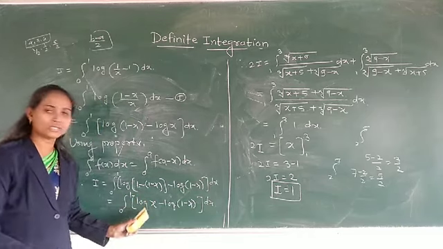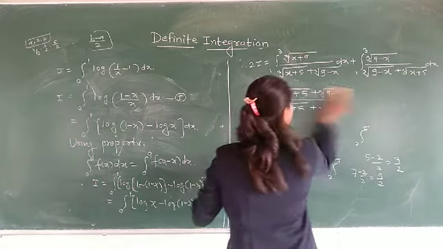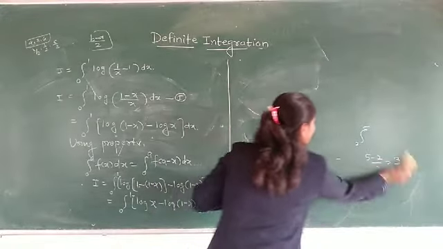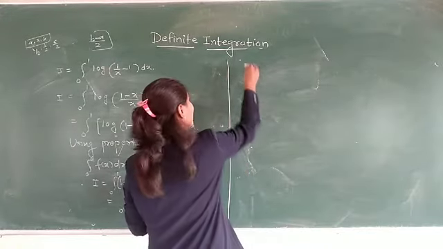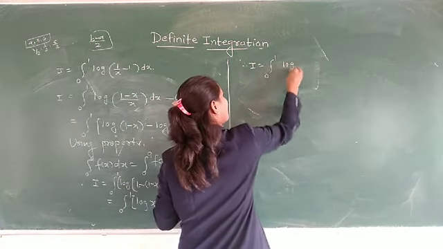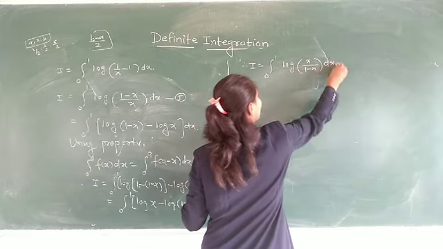Again here we use the quotient law, log m minus log n, so I is equal to integration from 0 to 1 of log of x upon (1 minus x) dx.